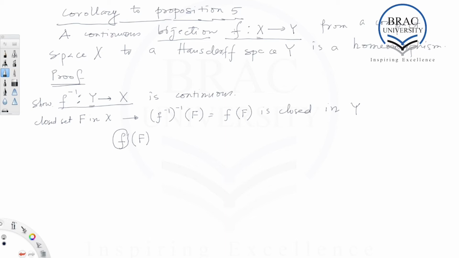Because f is a continuous map from a compact space to a Hausdorff space. So the image of every closed set in X is also closed in Y, since we know from proposition 5 that f is a closed map. So we are done proving that f is a homeomorphism. Okay? Good.